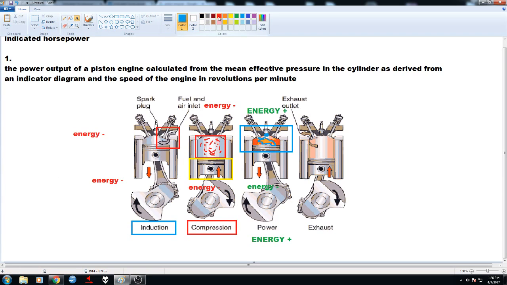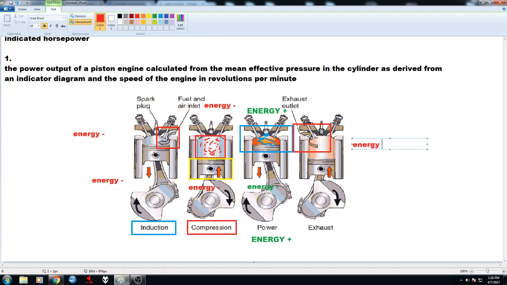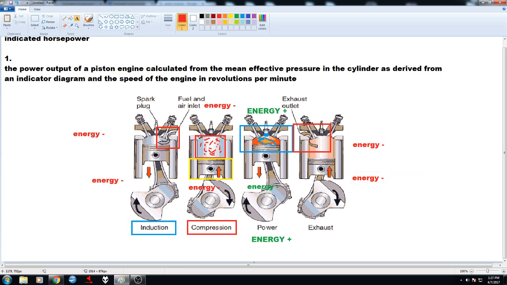Then the last cycle would be the exhaust cycle, where we are getting rid of our charge that just produced the explosion, and that also requires a small energy loss to pump the gases out, as well as an energy loss to drive the piston upwards, or just keep the engine rotating, let's put it this way.